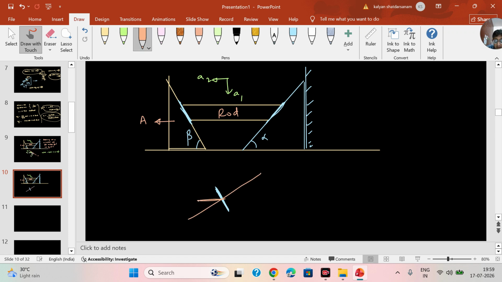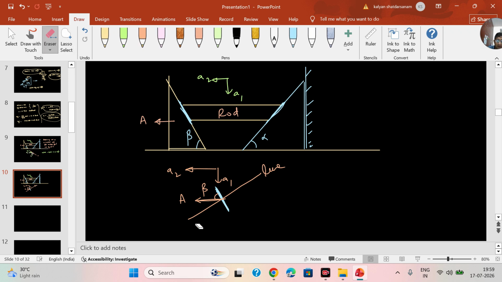Acceleration of the wedge. The wedge is having horizontal acceleration A, and this angle is beta, right? The angle between the acceleration and this line, that is beta. Okay, and I also have A2 in the same direction as capital A and A1 perpendicular to capital A. So acceleration of the wedge along this line which I have drawn here.